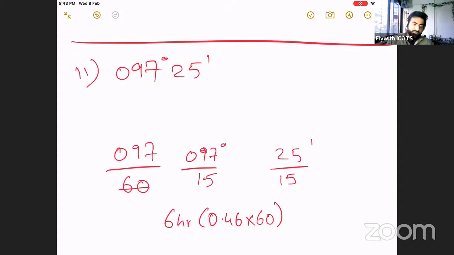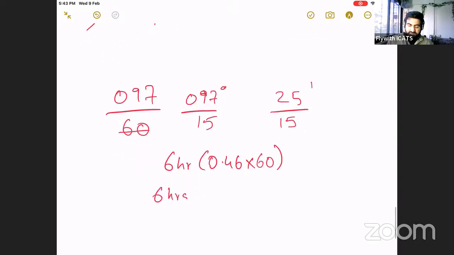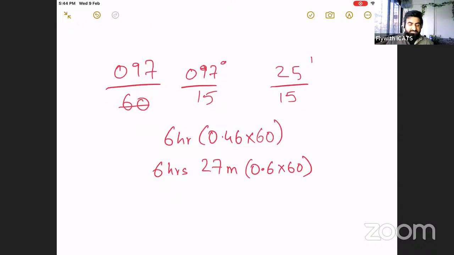So 0.46 into 60 gives me 6 hours, 27 minutes and 0.6 into 60 seconds, because I get 27.6 when I do 0.46 into 60. So 0.6 into 60 gives me 36. So 6 hours, 27 minutes and 36 seconds plus this fraction.